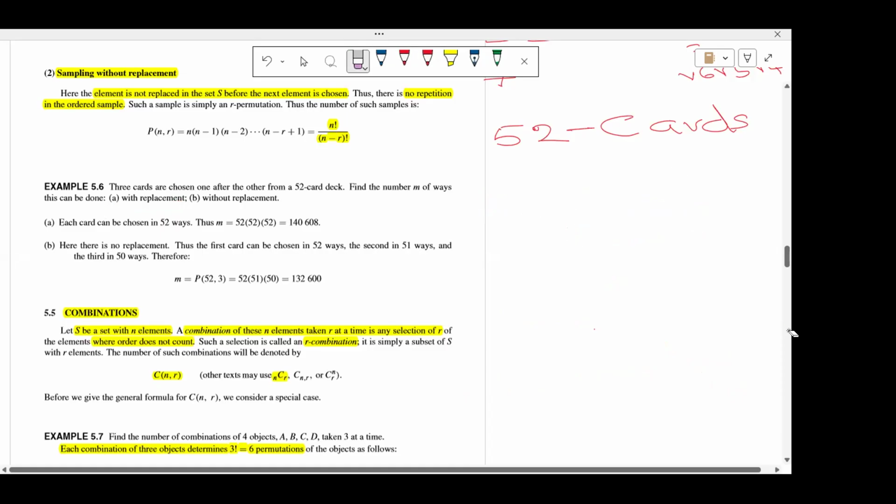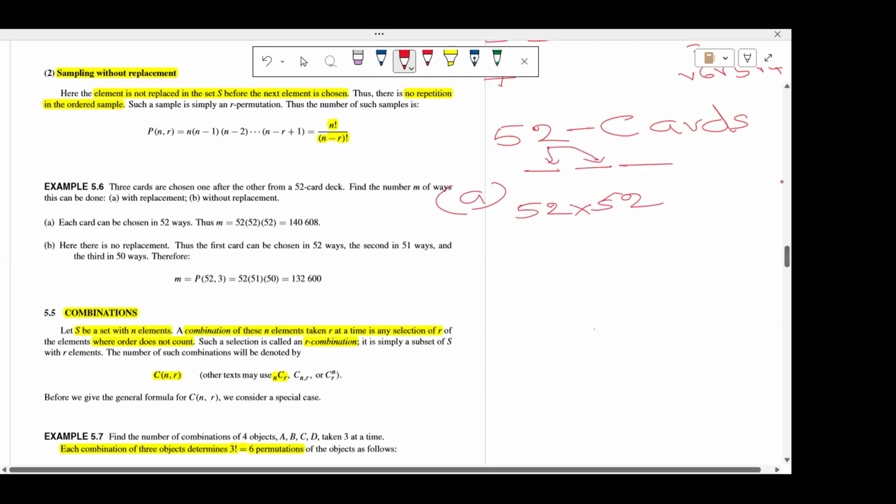Already you know with repetitions. So first they are asking with repetitions. If I want to take three cards, how many possible ways can we take? I need to take the first card, second card, and third card. For the first card I have 52 ways, and the second card also 52 ways.